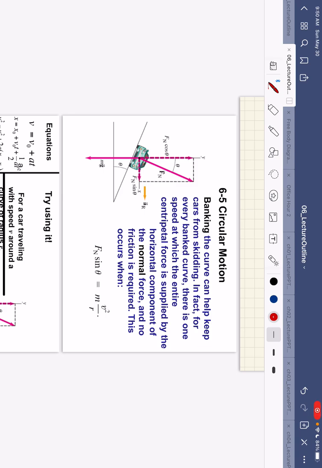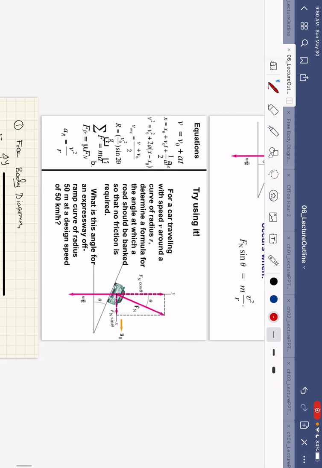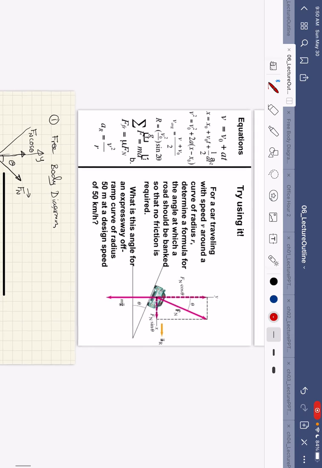For all the ramps that we have, there is one speed at which the entire centripetal force is supplied by the horizontal component of the normal force, and no friction is required. But if you are adding friction, you get more secure driving.